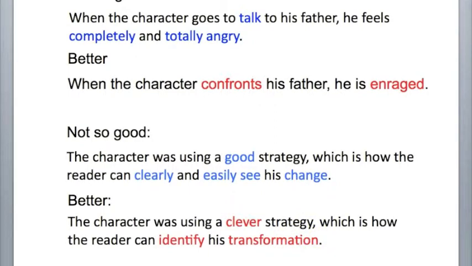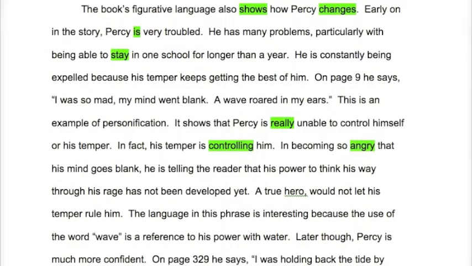Now, let's take a look at how this looks in my sample draft. So here I am in my sample draft, and I highlighted just not all the verbs or adjectives. I just highlighted a few to demonstrate. So this word shows, changes, is, stay, really, controlling, and angry.